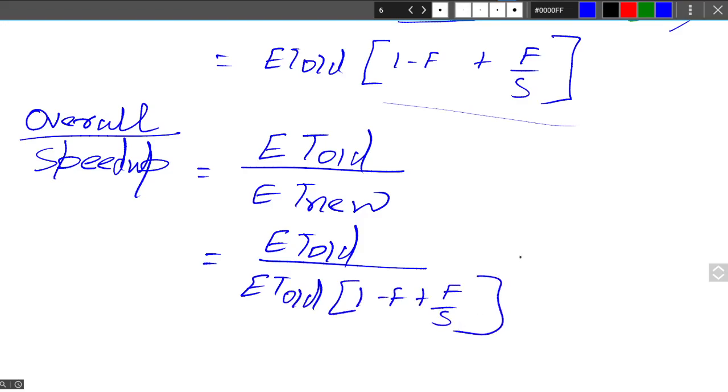So it can be considered as 1 upon 1 minus f plus f upon s.